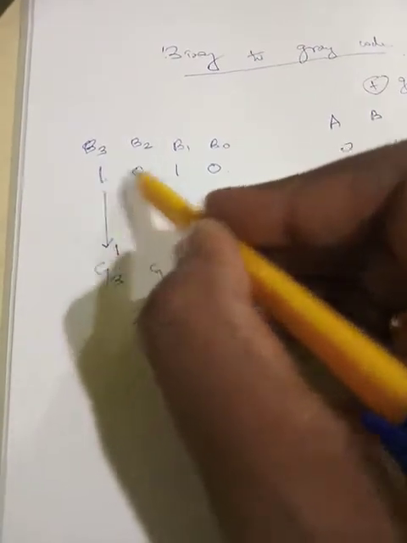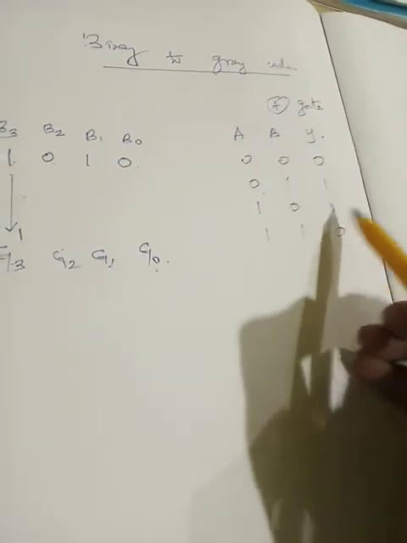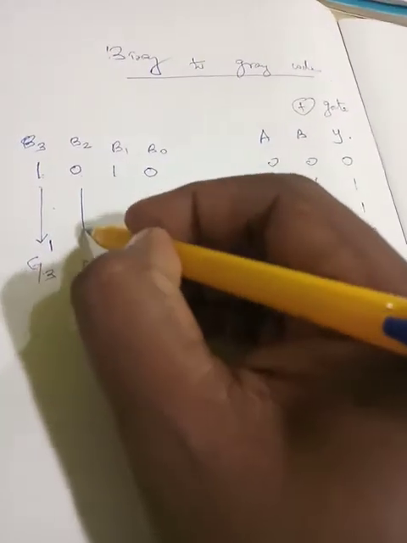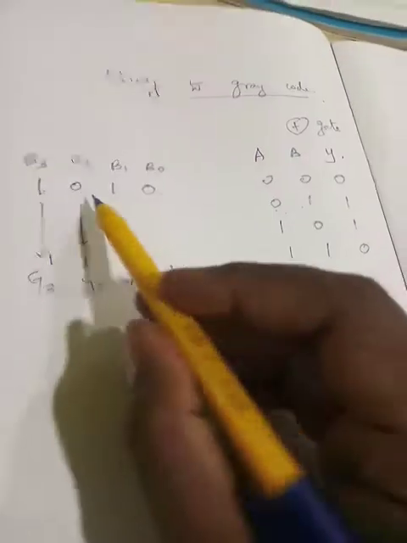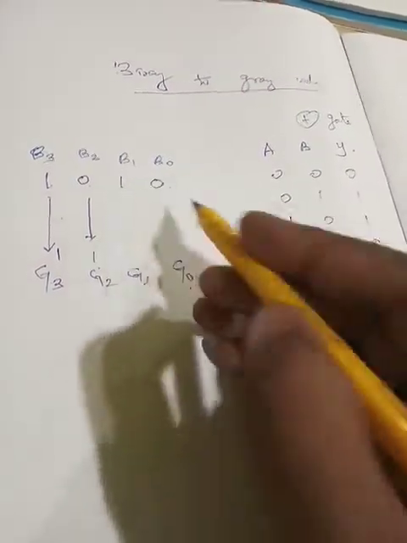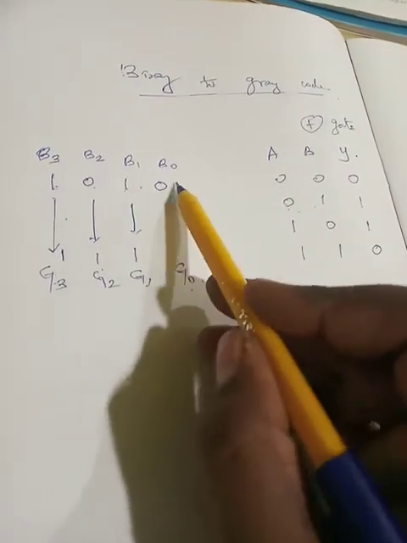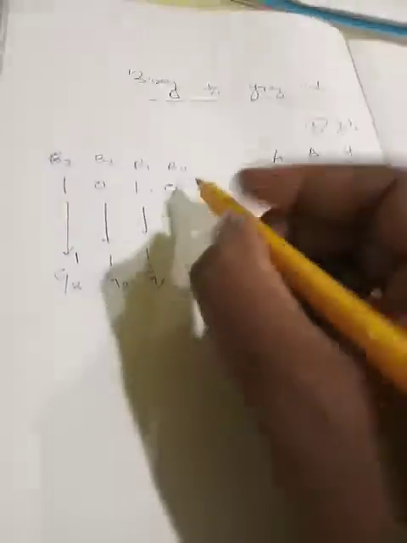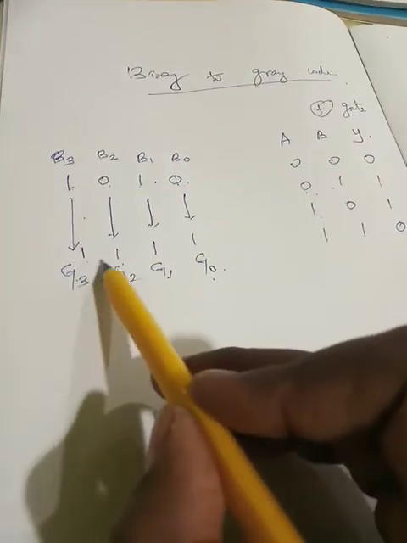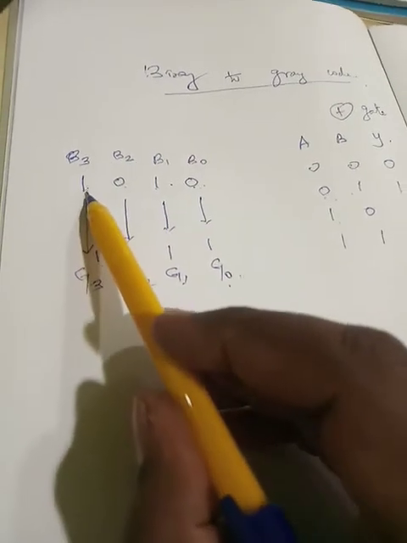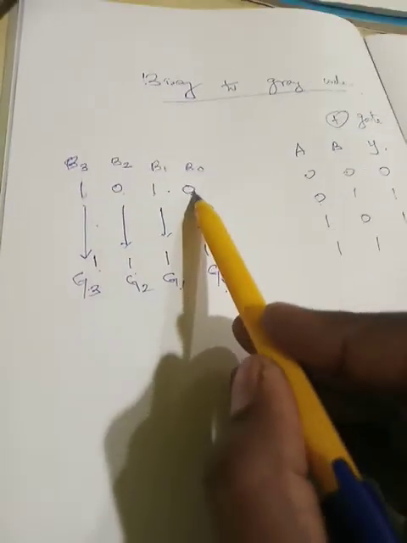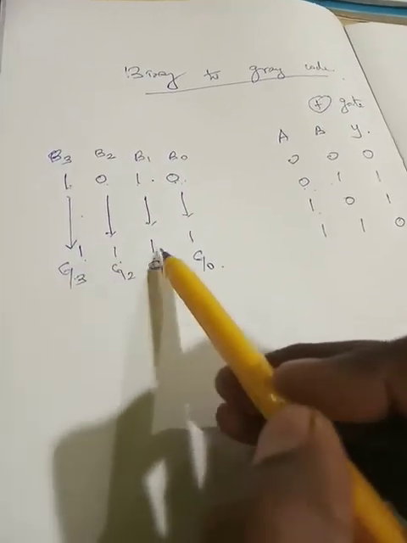For 1 0, if you take the XOR, my output will be 1. So here I will get 1, right? The XOR of 0 and 1 is again 1, and the XOR of 1 and 0 will be 1. So this is the equivalent gray code for the given binary number 1010, and my gray code will be 1111.